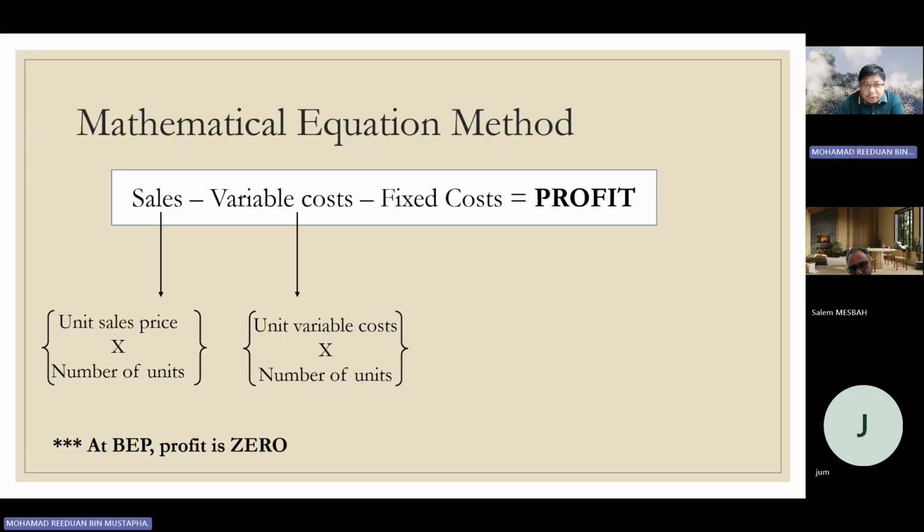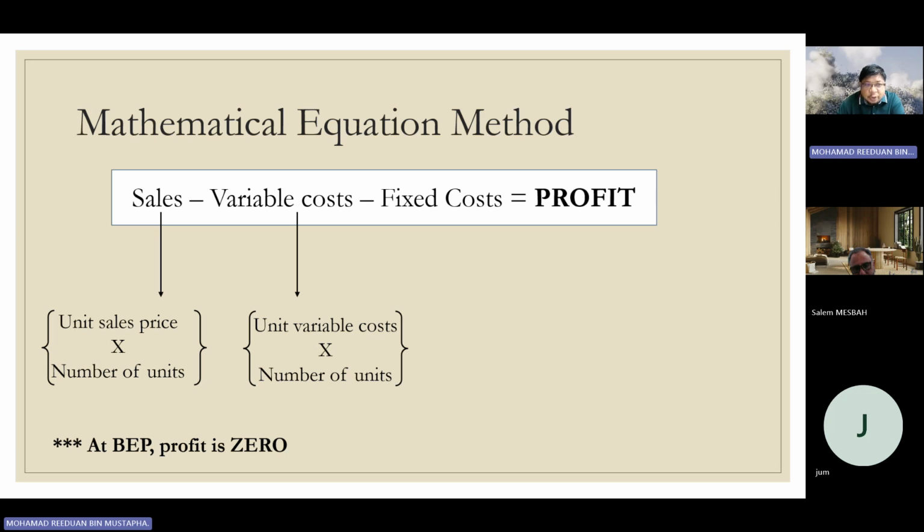In this mathematical equation method, sales minus variable cost minus fixed cost is the profit. This is very much like an accounting financial statement. All the sales minus all these expenditures gives you the profit.